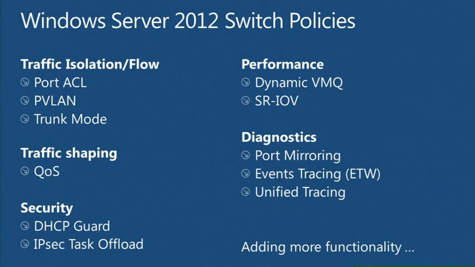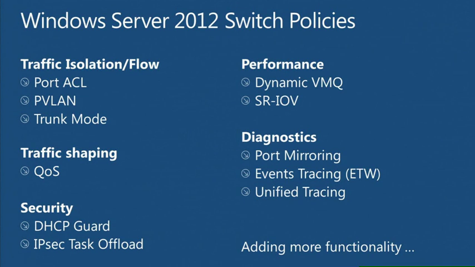Router guard says you aren't going to let a particular VM forward traffic like a router, and DHCP guard really says this VM cannot act like a DHCP server. If he attempts to respond as if he's the DHCP server or to otherwise query as if he were the DHCP server, those packets will be dropped by the virtual switch.